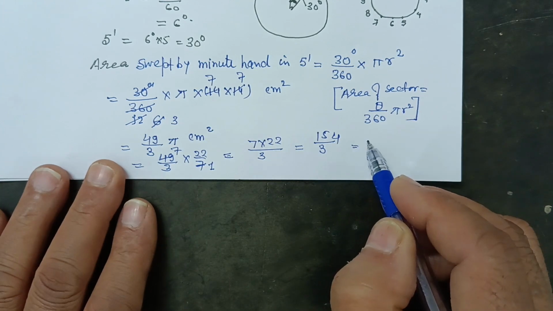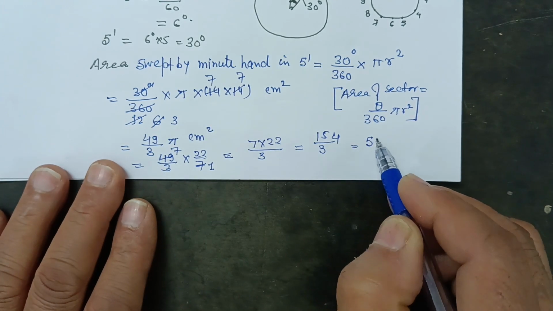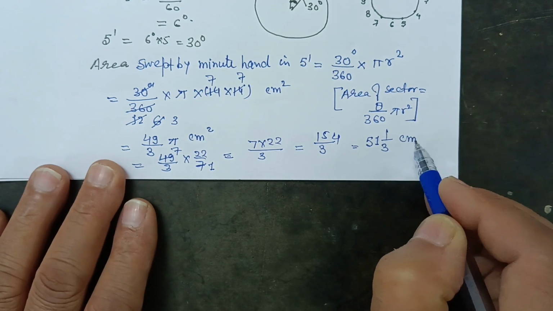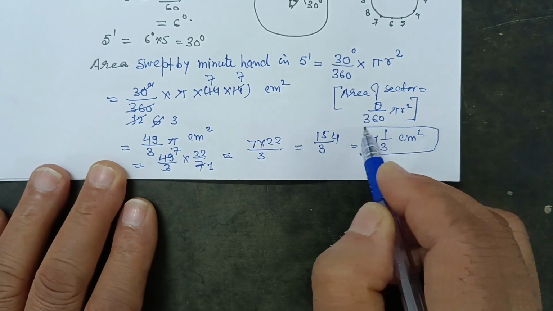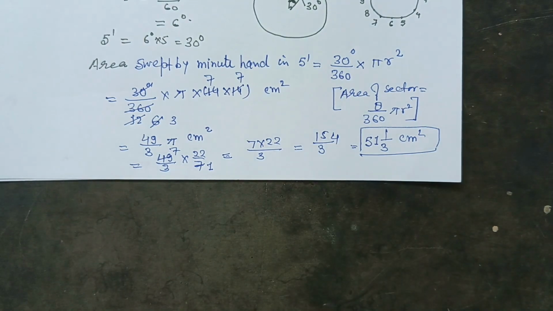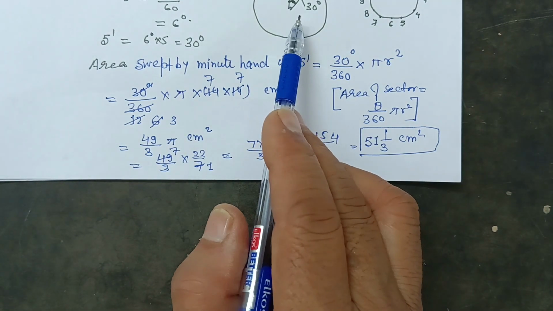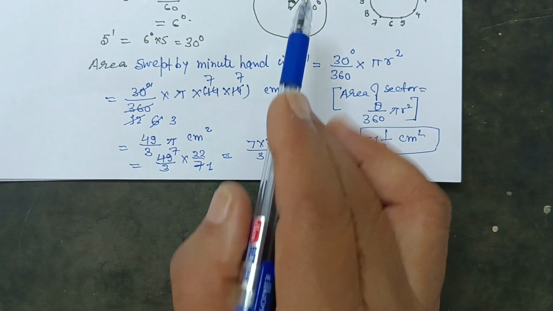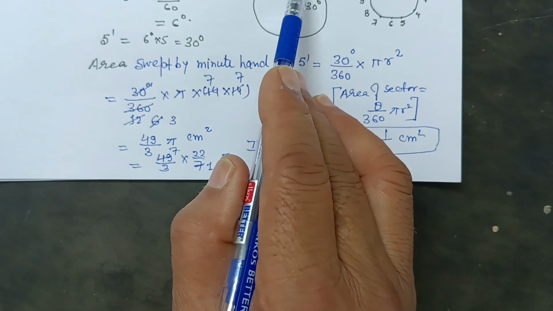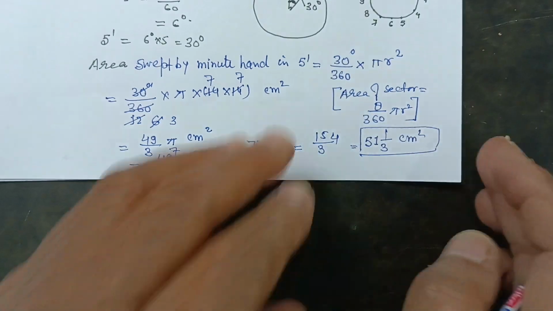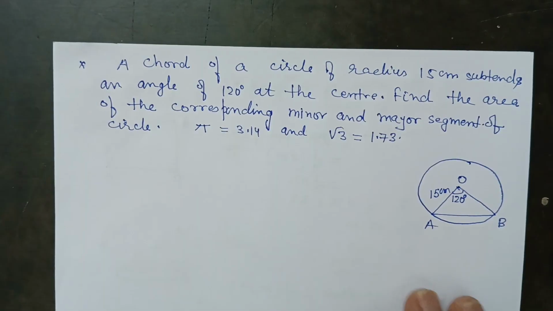Here 3 5s are 15, 3 1s are 3, and 1 by 3 centimeter square. This is the area of the sector, which is drawn by sweeping of the minute hand in 5 minutes.